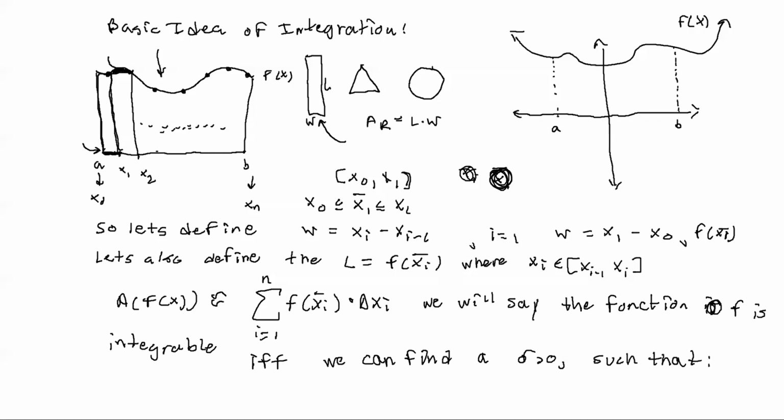I'm going to go to the next screen, the max of the widths of our rectangles, delta x sub i, such that i is in 0 to n. So in other words, I'm going to consider all the widths of the rectangles and take the max of it.